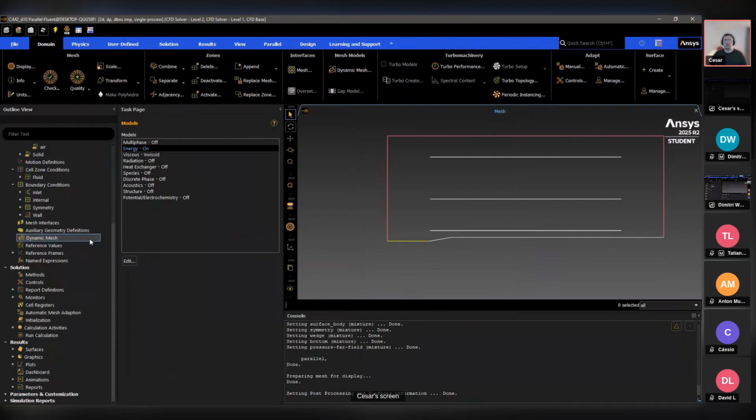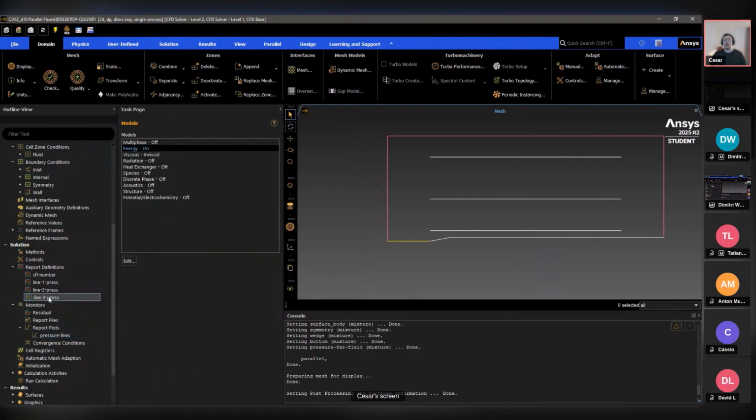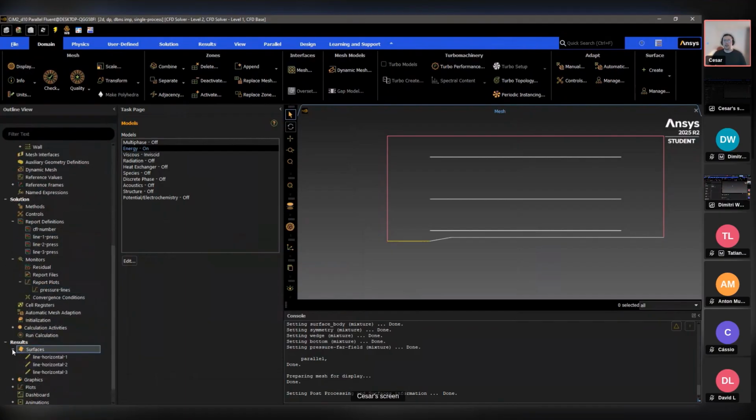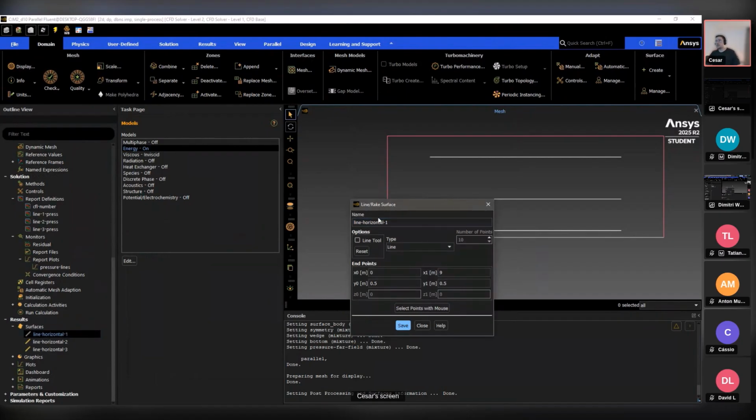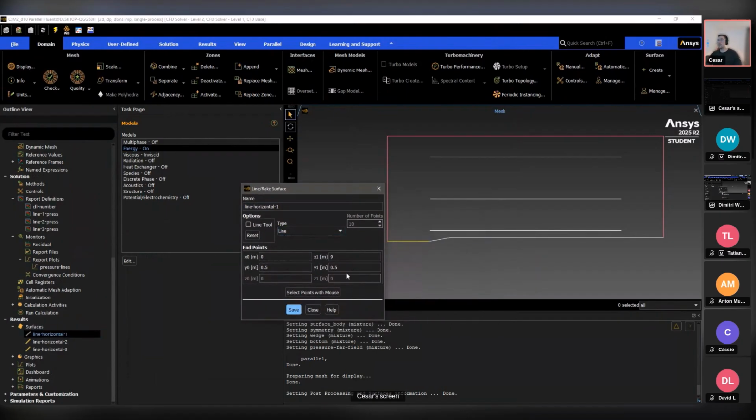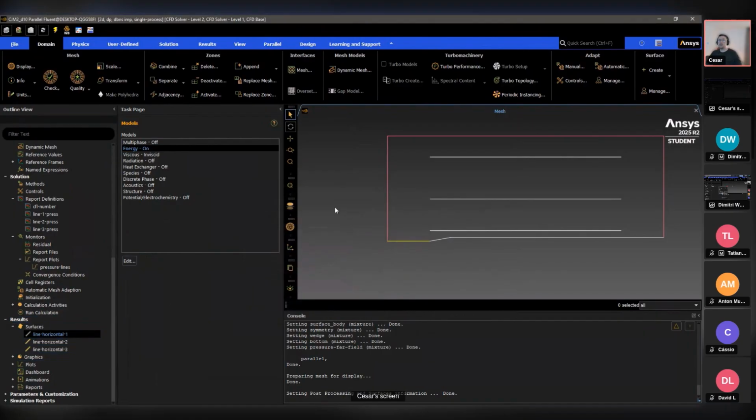How do we do this? First of all, you need to create the lines. In results, surface, you can create lines with the coordinates that you wish. Once you have created these 3 lines, you can create a report with them.